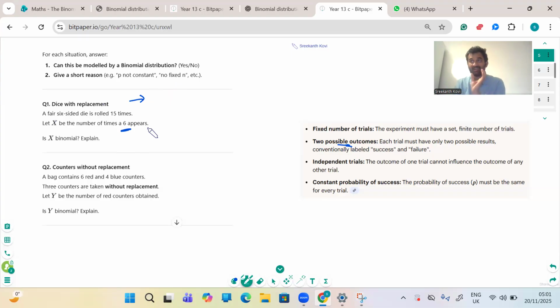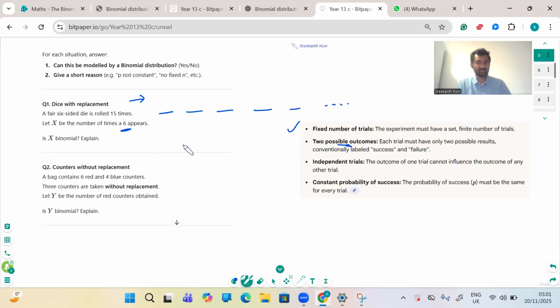So you will have a probability for one event, and if you do the same experiment multiple times, and out of that you choose the number of successes out of all the experiments, then it becomes binomial distribution. So for example here, there is a fixed number of trials because there are 15 trials.